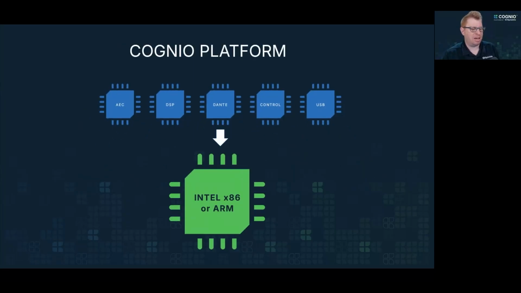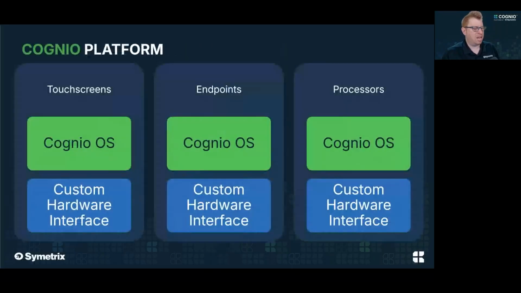Instead of having dedicated processors, we have a general purpose processor that does all of this functionality. In Cognio, this might be an Intel processor or an ARM, and every Cognio product, not just traditional DSPs, has this general purpose processor in it. That means every Cognio product in the platform can run the same Cognio operating system.